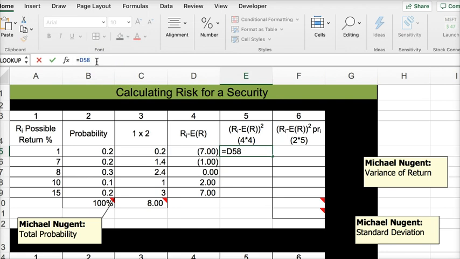So we won't have any negatives to worry about once we square this. So that's our square, negative 7 times negative 7. Pull this down.